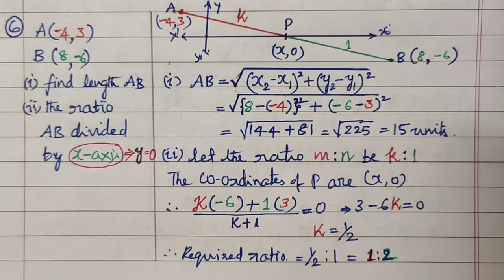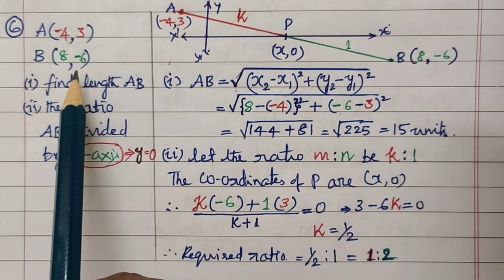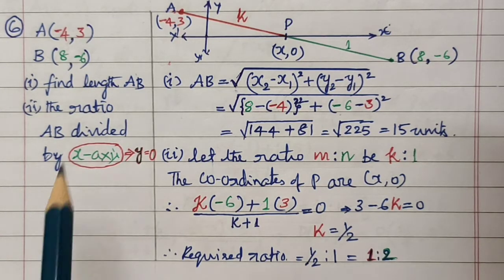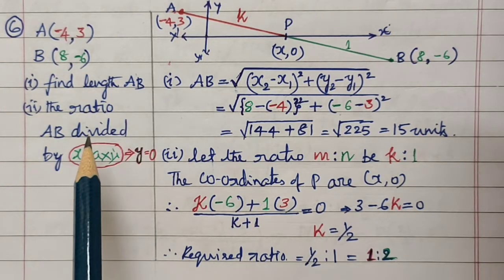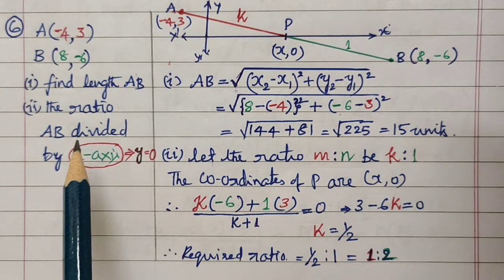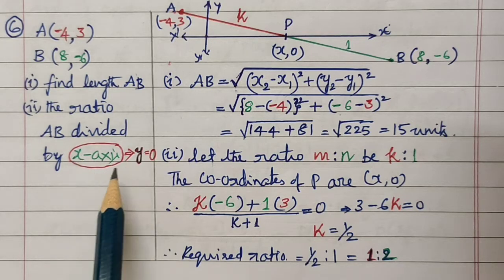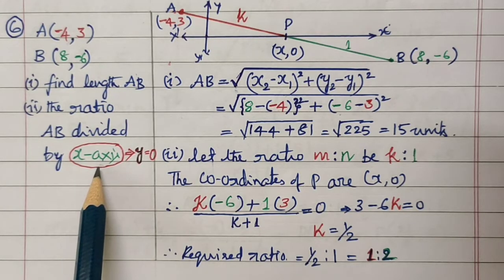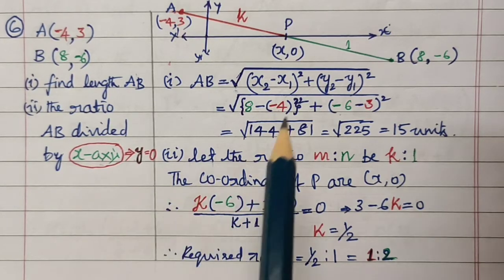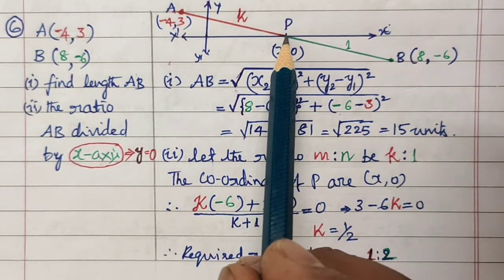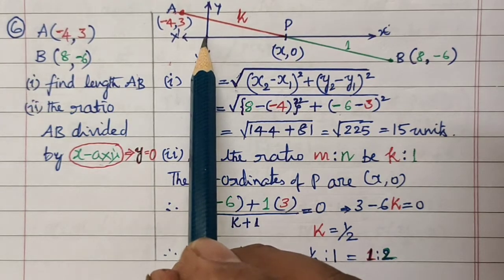If A (minus 3, 4) and B (8, minus 6) are two points, then find the length AB, and in what ratio is the line AB divided by the x-axis? Divided by the x-axis means the y coordinate will become 0, because this line is divided by the x-axis where y is equal to 0.